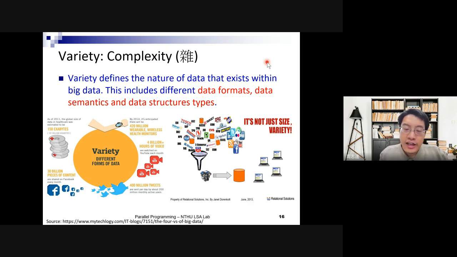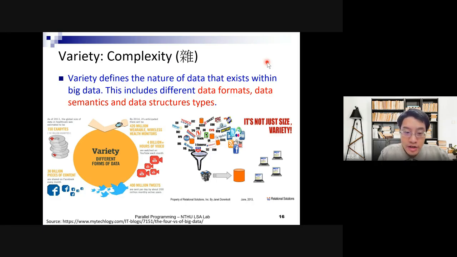And the tools we will introduce, like Hadoop and Spark, you will see they can process any data that is stored on a file system or storage system in a binary data format. So we need a general solution, general software that can handle all kinds of data.